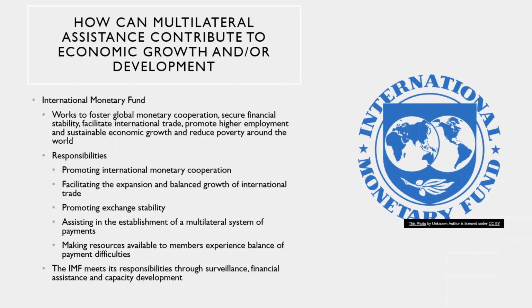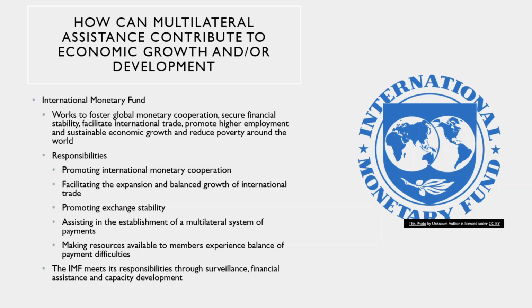It works to foster global monetary cooperation, secure financial stability, and facilitate international trade. It promotes higher employment and sustainable economic growth and tries to reduce poverty around the world. You need to know the International Monetary Fund.